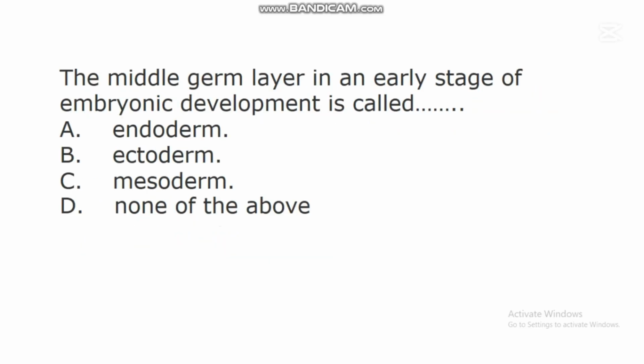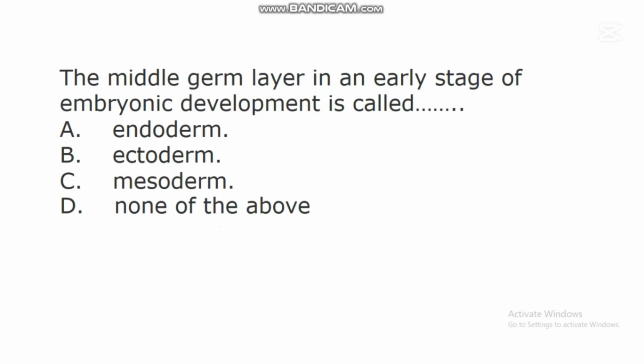The next question says, the middle germ layer in an early stage of embryonic development is called dash. A. Endoderm. B. Ectoderm. C. Mesoderm. D. None of the above.